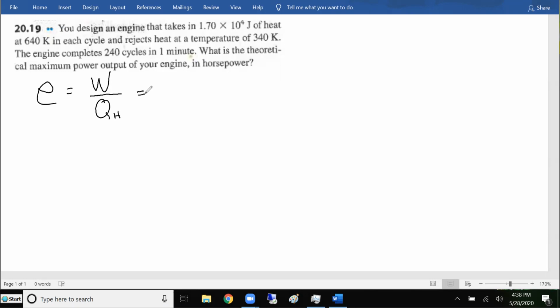Well, we can give this in terms of just the heat from the high temperature reservoir that comes in, and the heat ejected. I have it in the wrong order. Yes, this must certainly be less than 1.